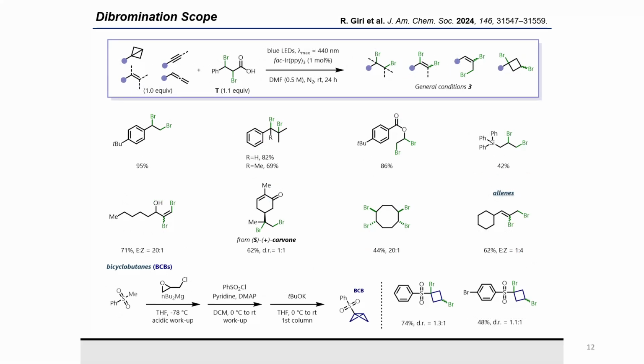Moving on to the scope of the olefins, we found that olefins, alkynes, allenes, and bicyclobutanes were all tolerated under the standard reaction conditions to furnish such molecules using the dihydrocinnamic acid bromine reagent.